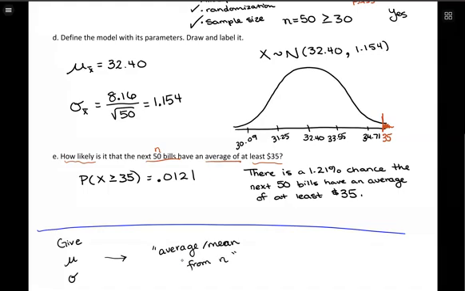So this idea in terms of probability or cutoffs regarding averages and means from a certain sample size, that's going to require our sampling distribution. So like in part E there, they talk about the sample size of 50 and want to know how the average of those 50 will behave. That's a sampling distribution of means question. Alright, so that will do it for our sampling distributions of means.